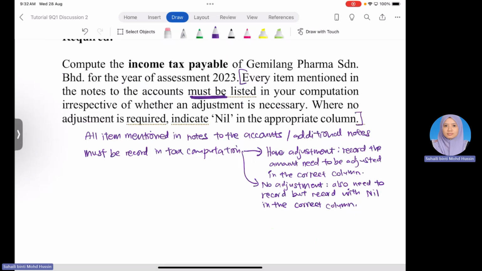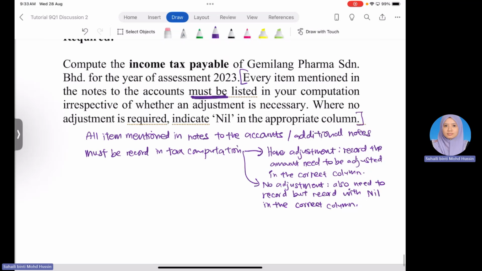If there is an adjustment, you have to record the amount in the correct column. If there is no adjustment, you still have to record, but you record it with the word nil.